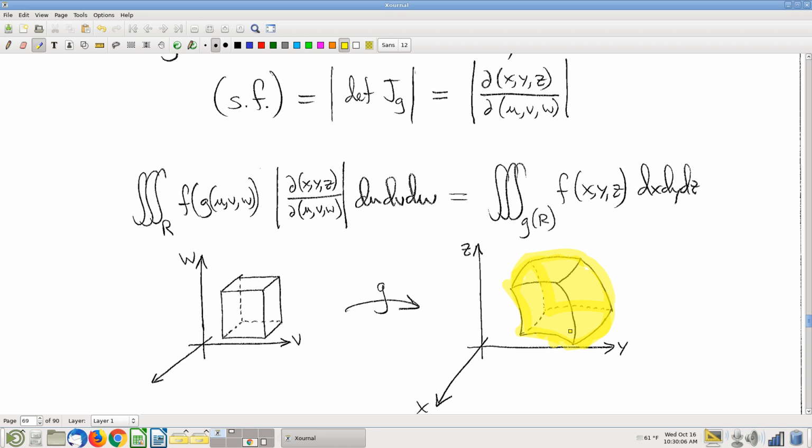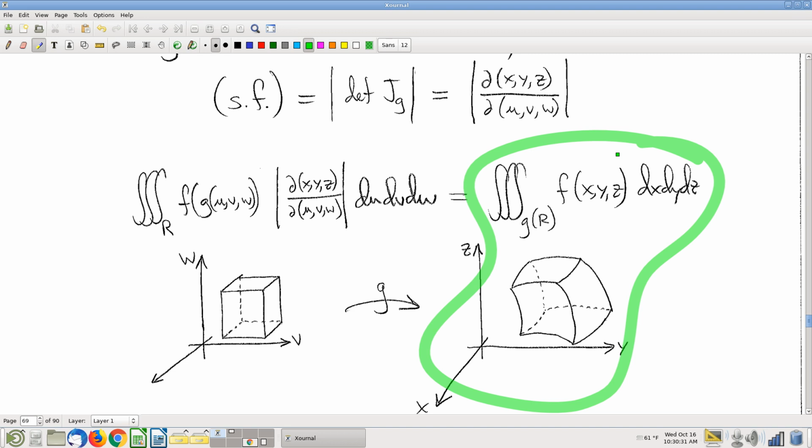So, wouldn't it be nice if I could view that as being the image of a nicer domain? Wouldn't it be lovely if that was the image of, let's dream big, a box? Everybody's favorite three-dimensional domain. If it is, do a pullback. Take your expression that's defined on this ugly domain, just rewrite everything in terms of u's and v's.